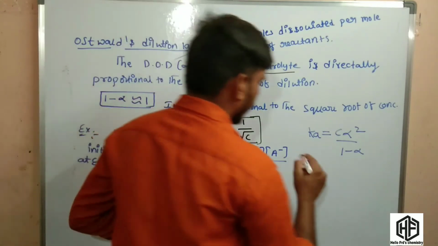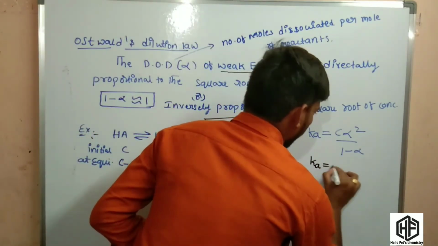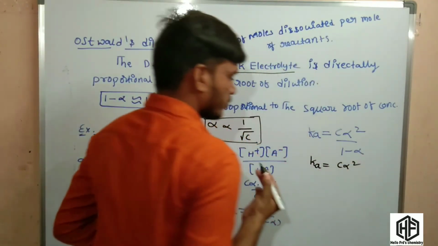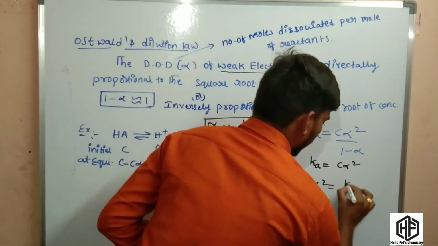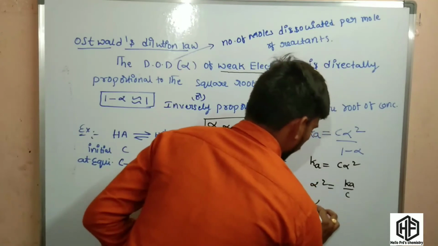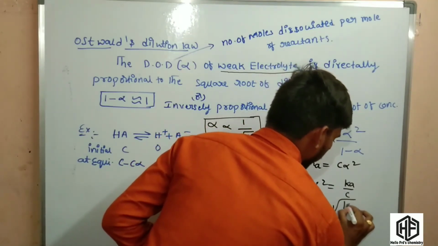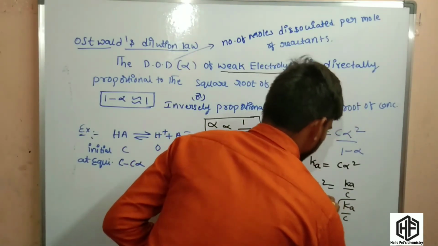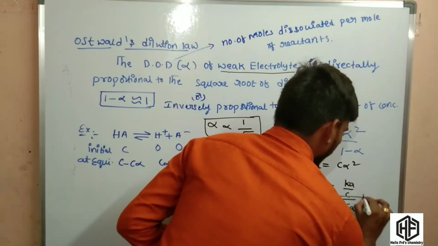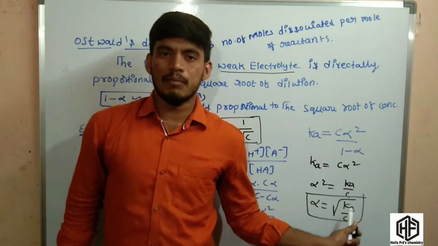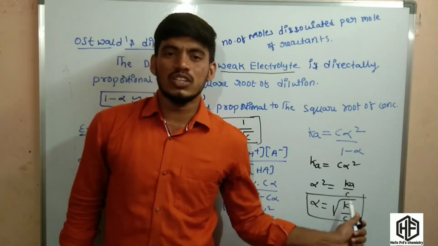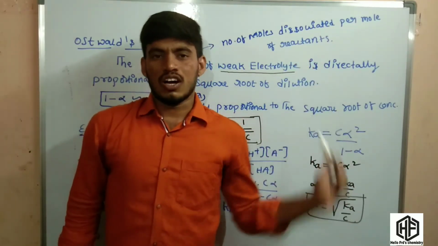Now Ka is equal to C alpha square. Alpha square is equal to Ka by C. Now alpha is equal to root over Ka by C. At a given temperature, alpha is inversely proportional to the square root of concentration.